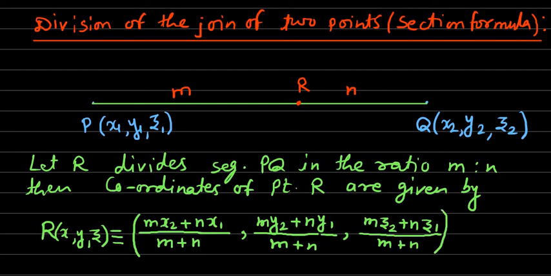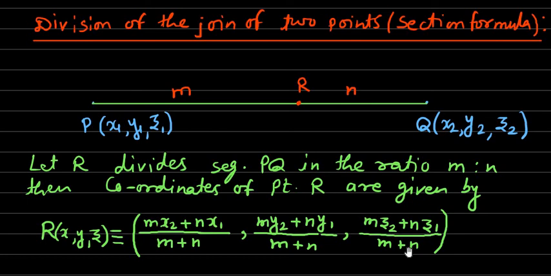So these are the formulae for the x, y and z coordinates of the point R, and this is called the section formula. Once again, if R divides segment PQ in the ratio m/n, then x is mx2 plus nx1 upon m plus n, y is my2 plus ny1 upon m plus n, and z is mz2 plus nz1 upon m plus n. Like this we have the section formula.